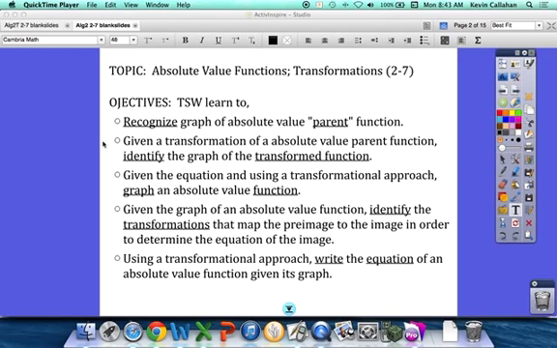Most of them are kind of just repeating themselves, but when we go over this again at the end of the class, it'll make more sense. We'll recognize the graph of the parent function, identify transformed functions, things that have been moved around, graph functions, identify transformations, and write equations. All that stuff comes out of this.